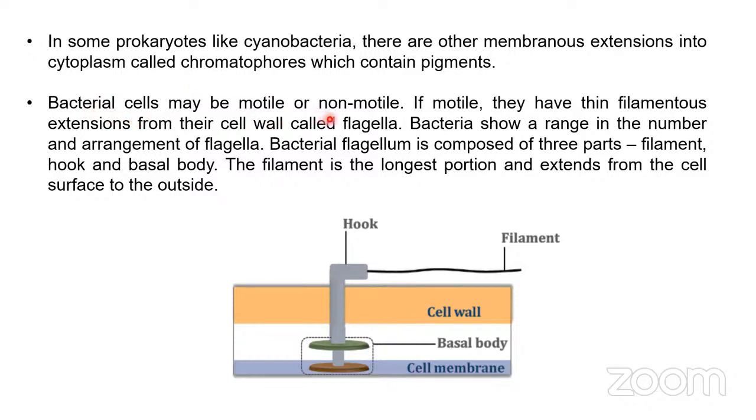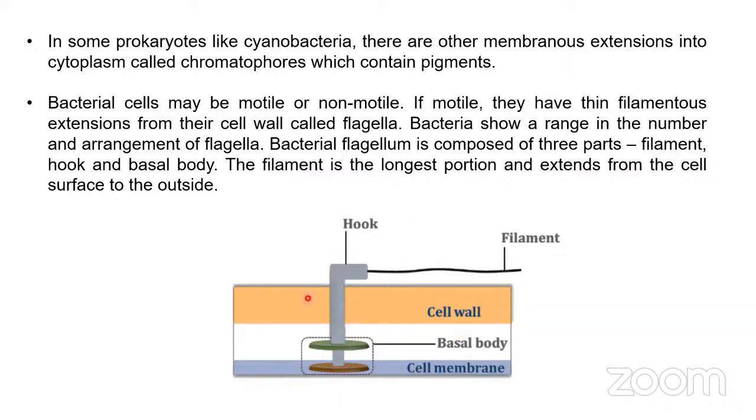Bacterial cells may be motile or non-motile. Motile means they have the ability to move. Non-motile means they do not have the ability to move. In order to move, they require something which helps them to propel and move forward. So if motile, they have thin filamentous extensions in the cell wall, which are called flagella.